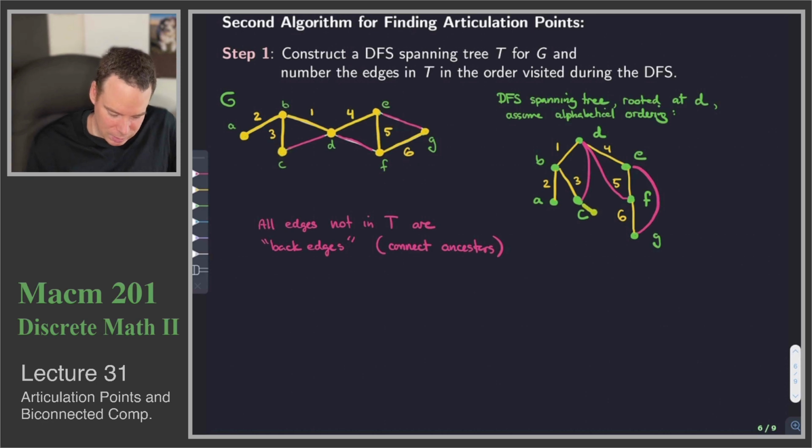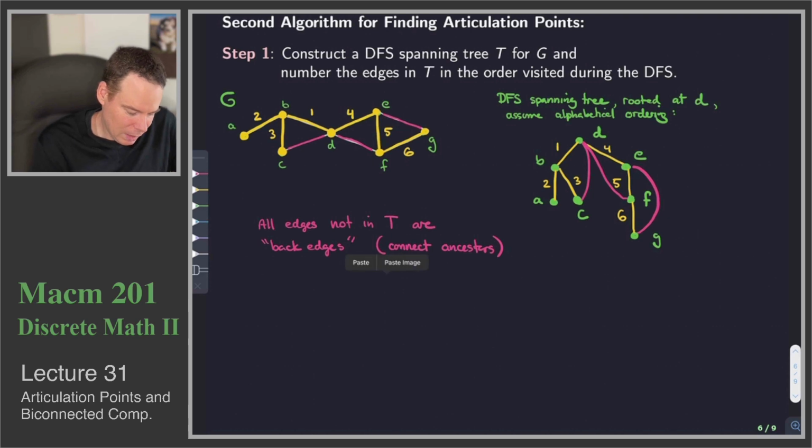If there was an edge that connected C and G, then G wouldn't appear over here, G would appear over here. And so as a consequence of the depth first search spanning tree, any edges that aren't used in the spanning tree that are in the original graph are basically back edges in the DFS. So if I add them to the depth first search spanning tree, they become back edges.